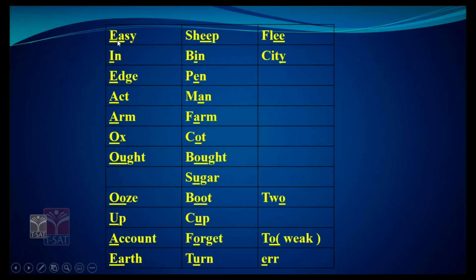ee as in easy, sheep, flea. i as in bin, city. e as in edge, pen. a as in act, man. ah as in arm, farm. o as in ox, caught. aw as in ought, bought. u as in sugar. oo as in ooze, boot, two. uh as in up, cup.